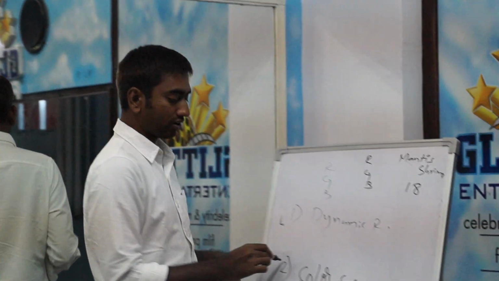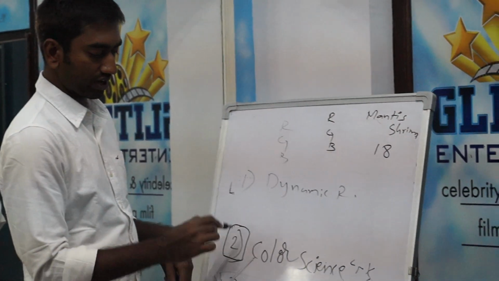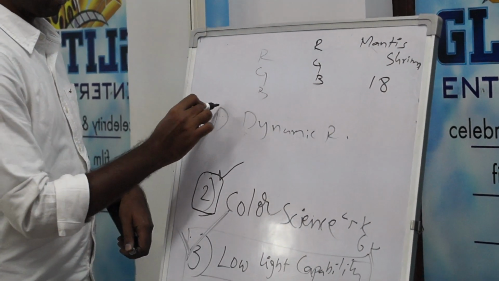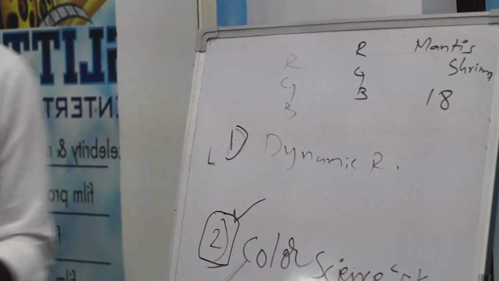That's it. So when you are deciding on the camera, this comes as a very important factor. Dynamic range. As I said, what is dynamic range? I told you, the capability of a camera to see low light and high light and mid-tones at the same time is dynamic range. So that's the primary criteria to select any camera.